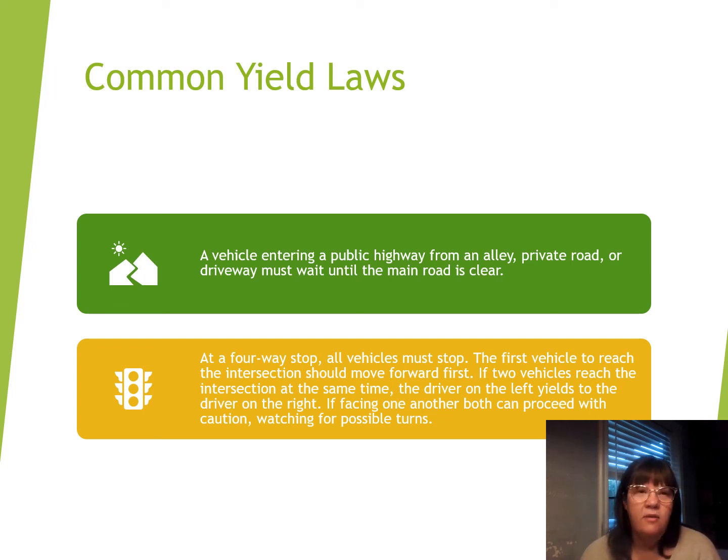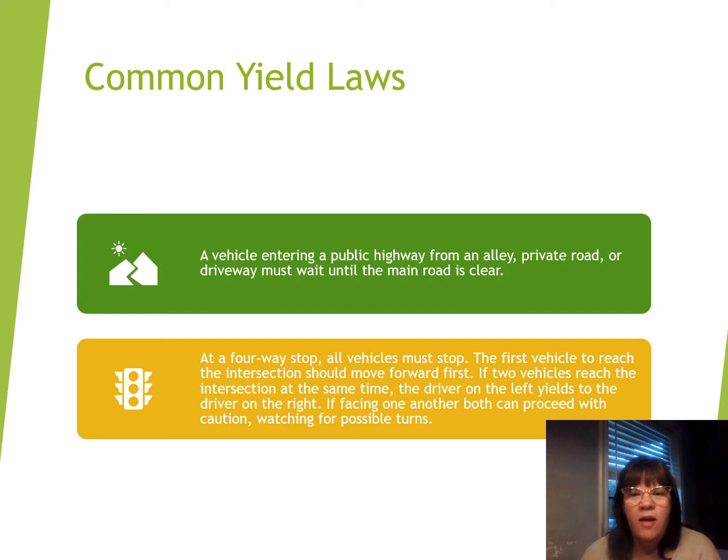As we were leaving the school, he proceeded to leave the driveway of the school and just get onto the street. He didn't stop at all. And I said, "What are you doing? This is a driveway. You need to stop." And he said, "Well, there's no stop sign."